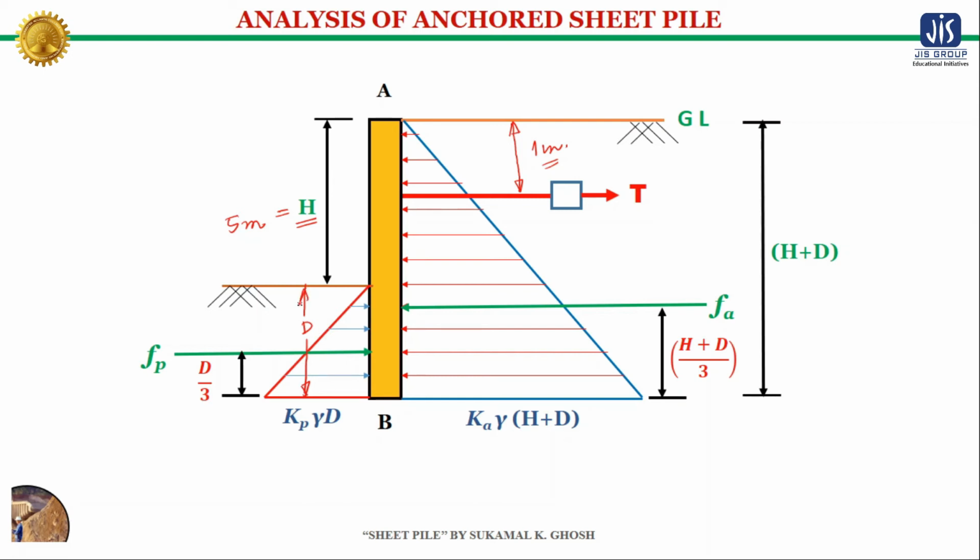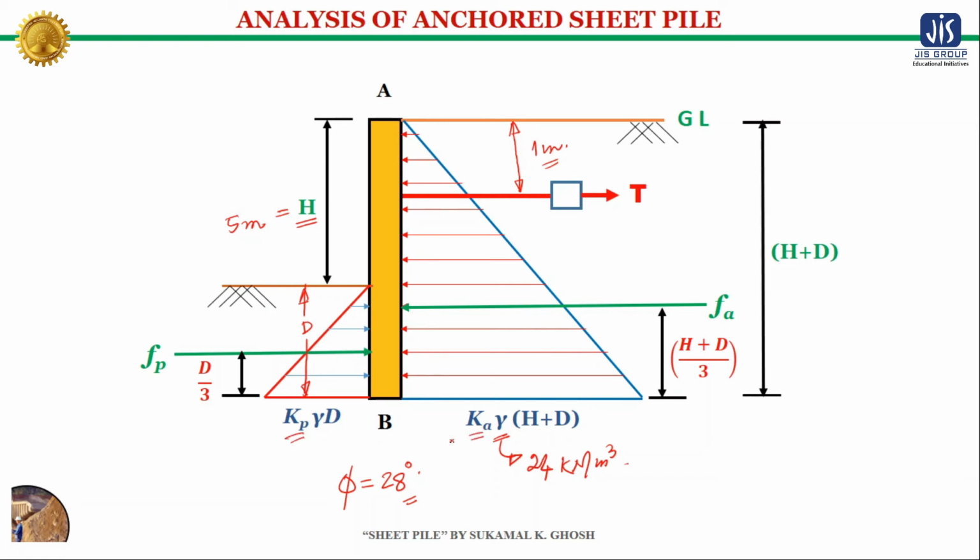We need to calculate this depth D. We know the value of this gamma is given as 24 kilonewton per meter cube, and we also know the value of phi, that is the angle of internal friction or the angle of shearing resistance, that is 28 degrees. So first we need to calculate this Kp and Ka.